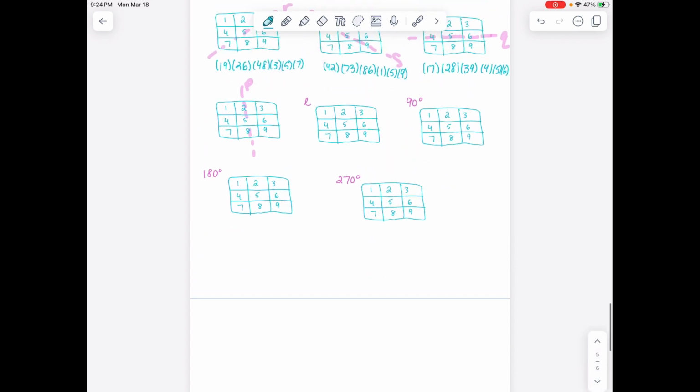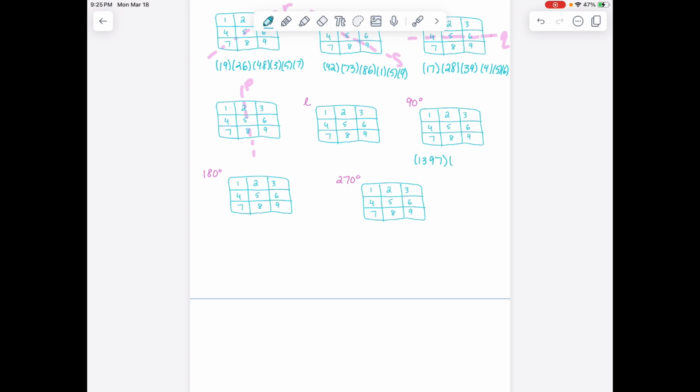I'll fill in the rest and skip to 90 degrees for a demonstration. We would have 1 goes to 3, and 3 goes to 9, 9 goes to 7, and 7 goes to 1.